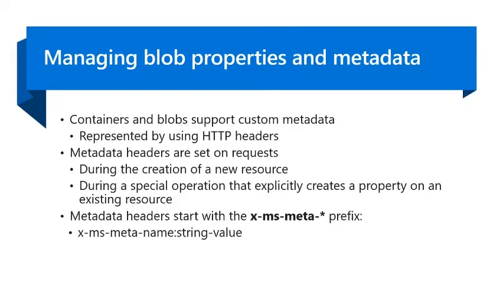Metadata on a blob or container resource can be retrieved or set directly without returning or altering the content of the resource. Note that metadata values can only be read or written in full. Partial updates are not supported. Setting metadata on a resource overrides any existing metadata values for that resource.